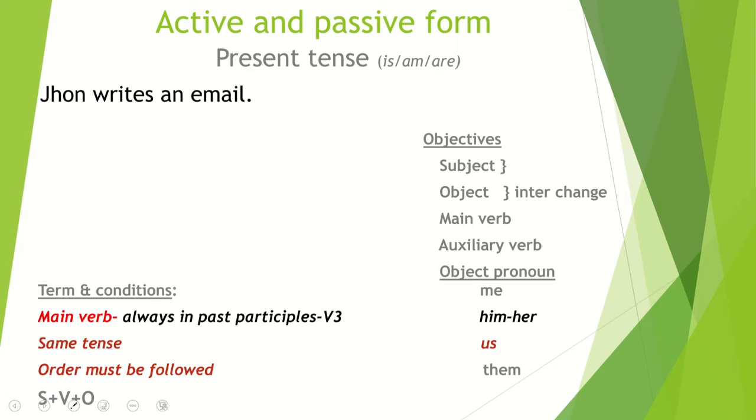The main objectives of the present tense are subject, object, and main verb. So these three are the most important parts in our passive voice, in our topic, that is present tense. My dear, you know there are three types of tenses: present tense, past tense, and future tense.